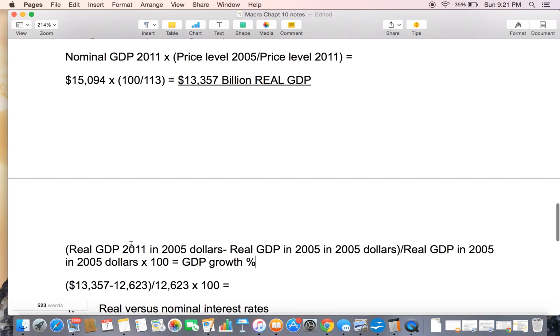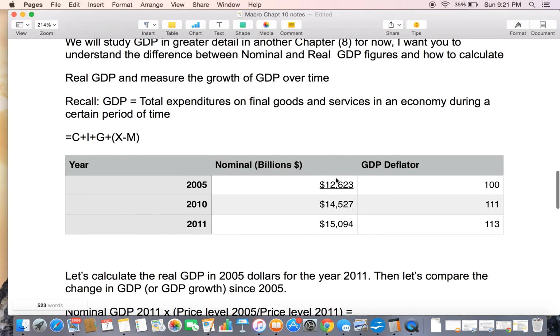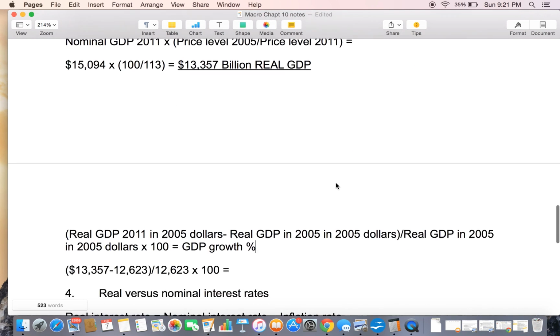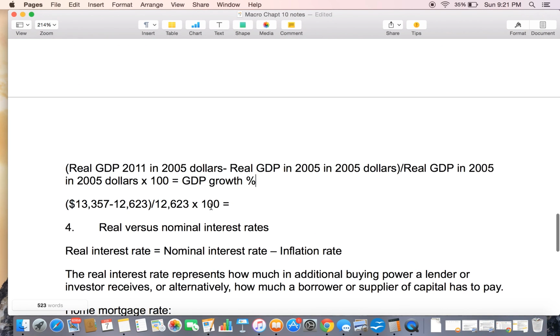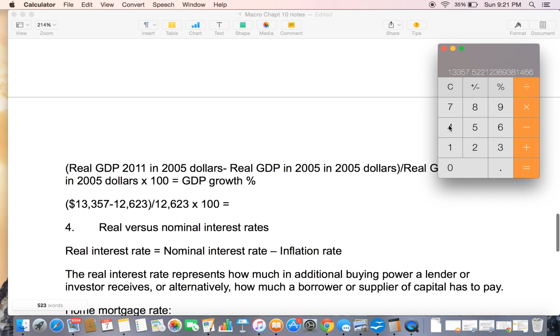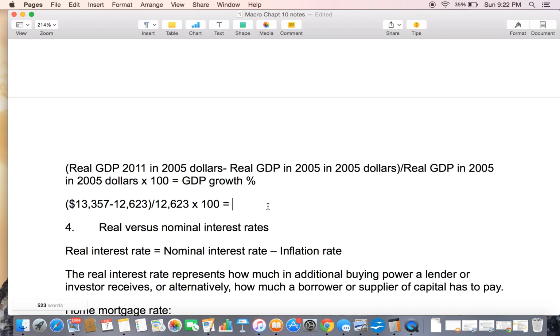13,357 billion minus 12,623 billion over 12,623 billion times 100. Let's see what that yields us. So we see that there actually was 5.8. Let me check my math on that again.